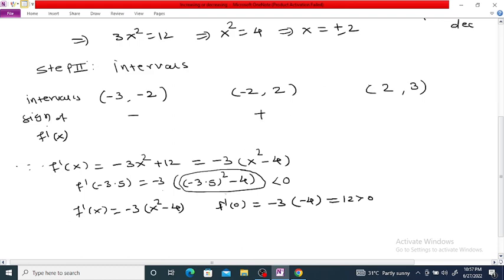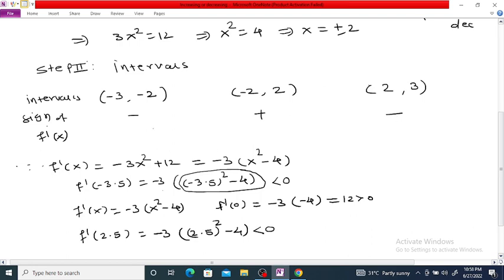So on minus 2 to plus 2 it is positive. For 2 to 3, if we take 2.5, f dash of 2.5 is equal to minus 3 into 2.5 square minus 4. 2.5 square is 6.25 minus 4, so it is positive, and positive into negative is negative, so it is less than 0.